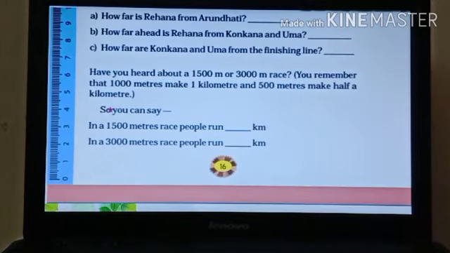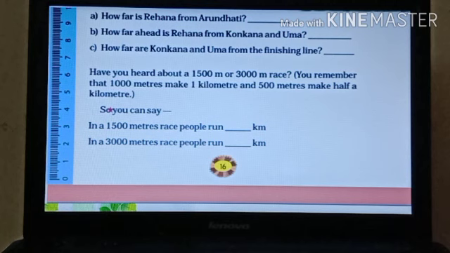Now we move forward to the next line. Have you heard about a 1500 meter or 3000 meter race? You remember that 1000 meters make 1 kilometer and 500 meters make a half kilometer.